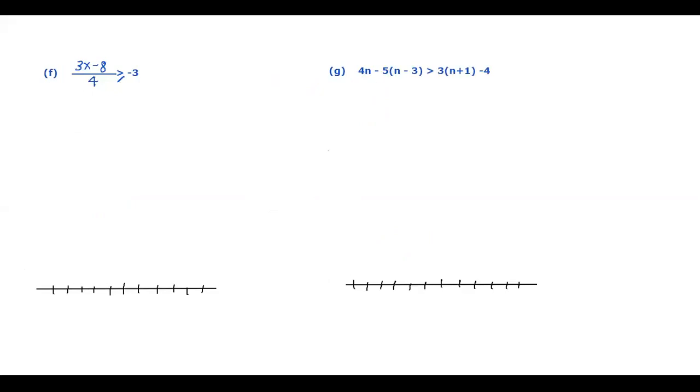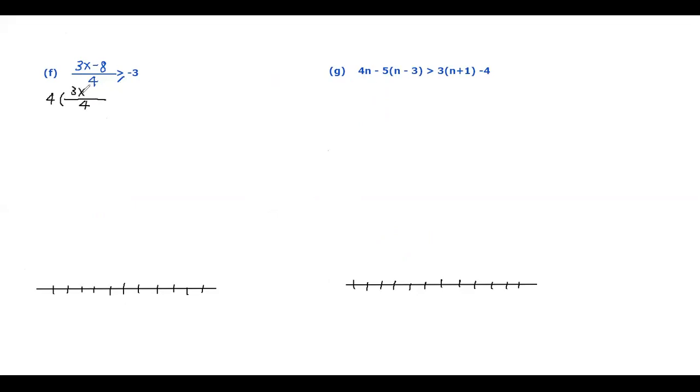Okay, so for this problem here, for the F here, as we talked about in the equations, maybe it's easier. Let's try to get rid of the fraction first, then make it all whole numbers. It will be easy to do the calculation. So I can multiply by 4 on both sides, right?